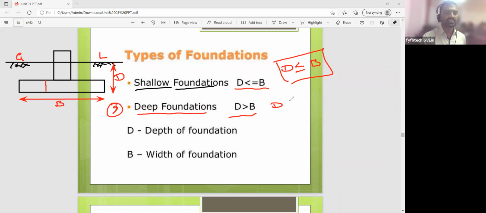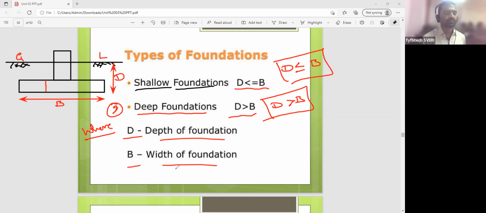Then depth is greater than B, where D is the depth of the foundation and B is the width of the foundation.